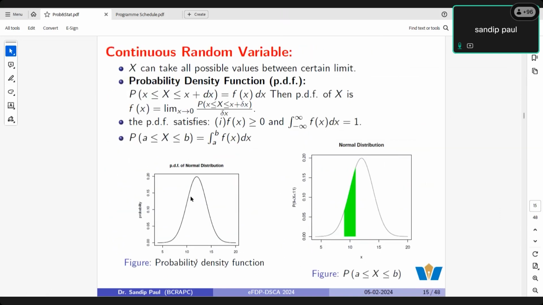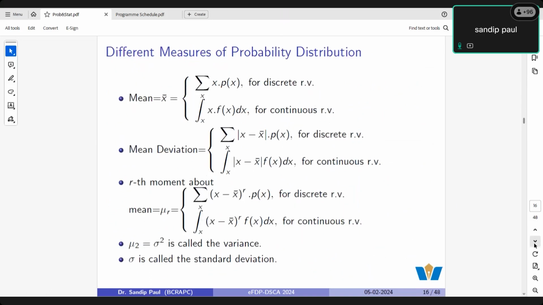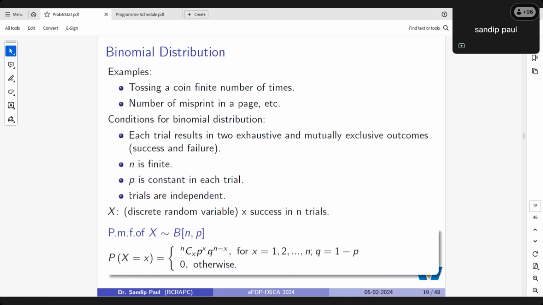So here we have to remember these things. The trials are independent, that means what happens in a certain performance does not affect the next. It is a discrete random variable. The probability at such values of x can be defined in this way: probability of x is nCx p to the power x q to the power n minus x. Here p is the probability of getting the result in a trial, and q denotes the probability of not getting that result in a particular trial.